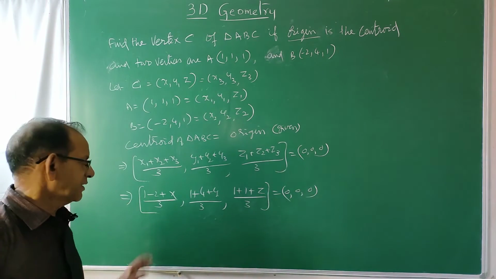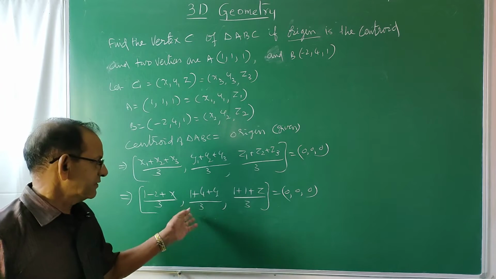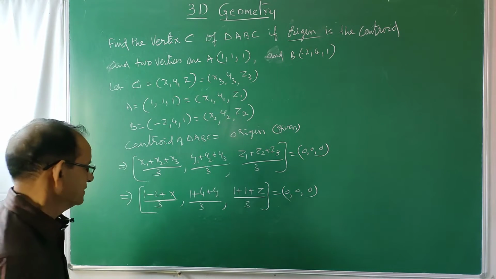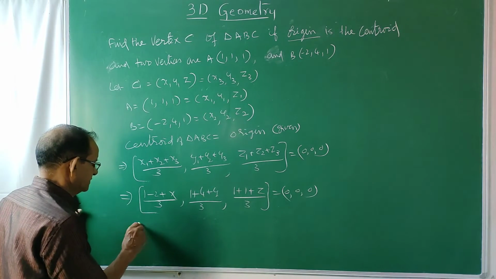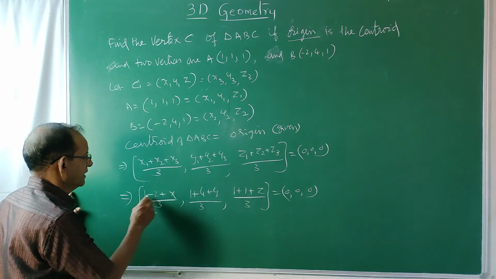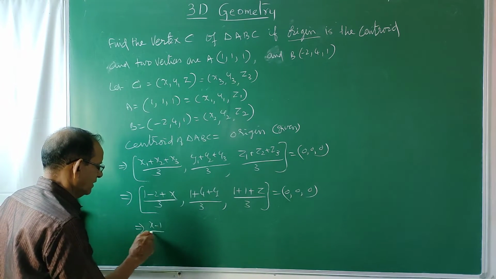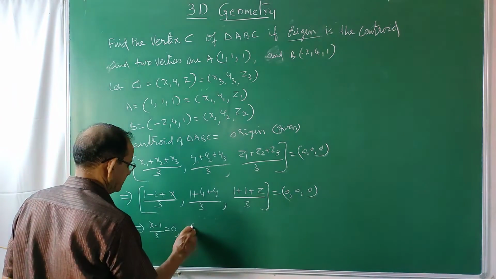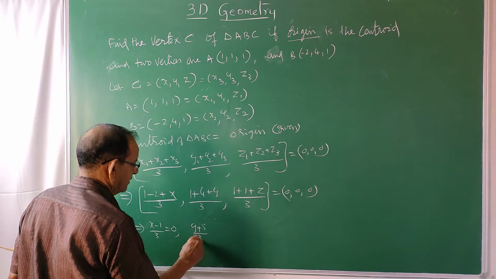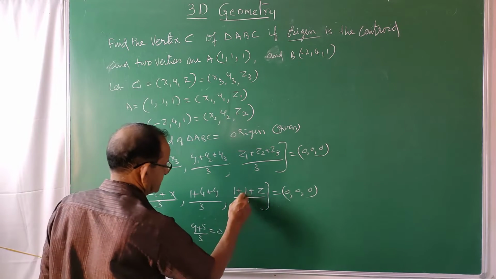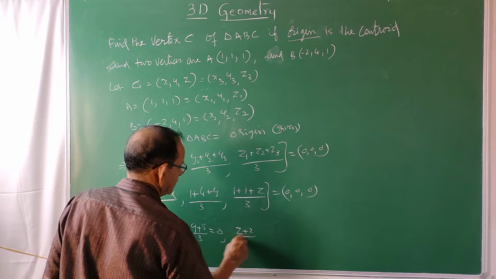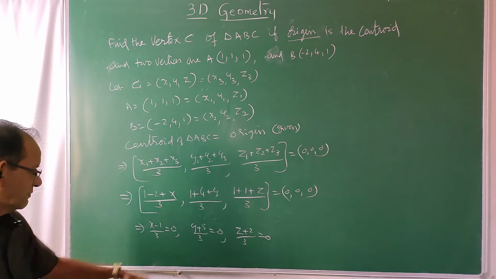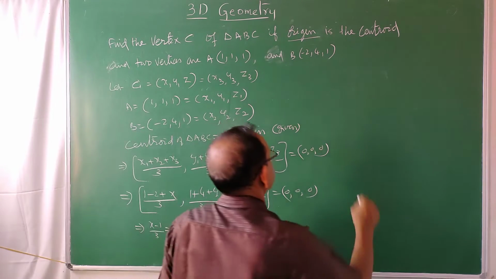Now by equating x coordinate to x coordinate, y coordinate to y coordinate and z coordinate to z coordinate, you will get the values of x, y, z. So this implies, (x minus 1) by 3 is equal to 0, and (y plus 5) by 3 is also 0. (z plus 2) by 3 is equal to 0. So if you take cross multiplication, x minus 1 is 0.